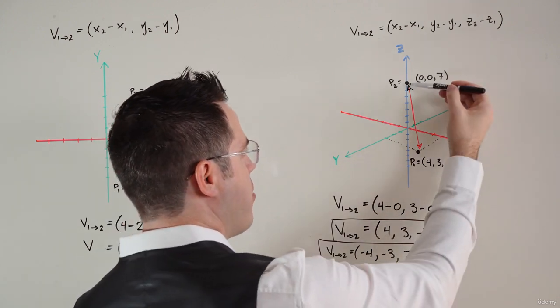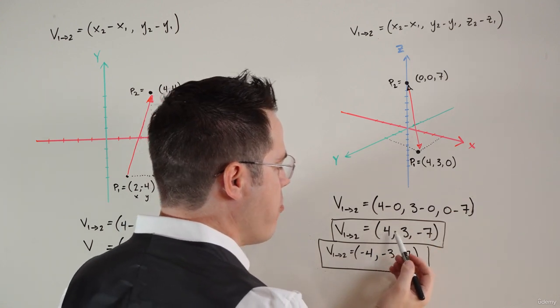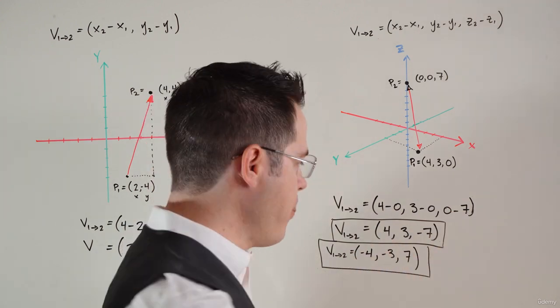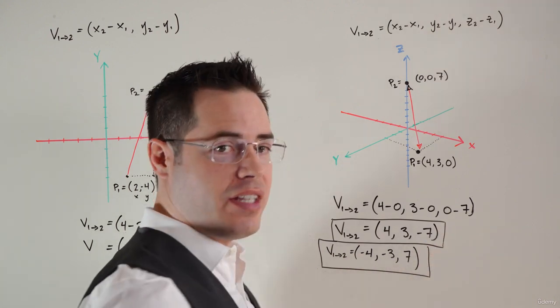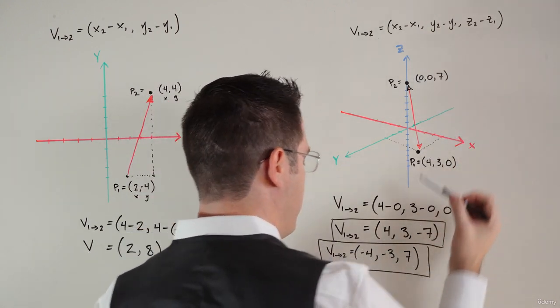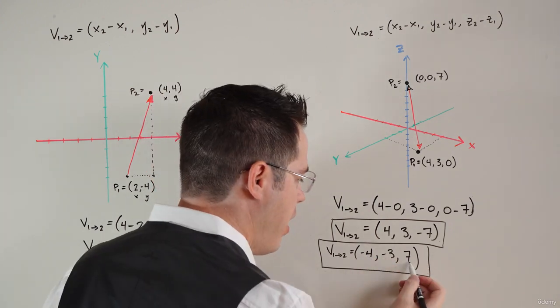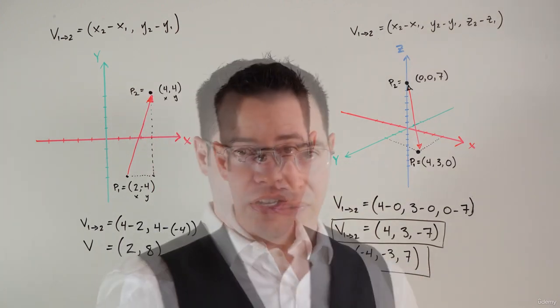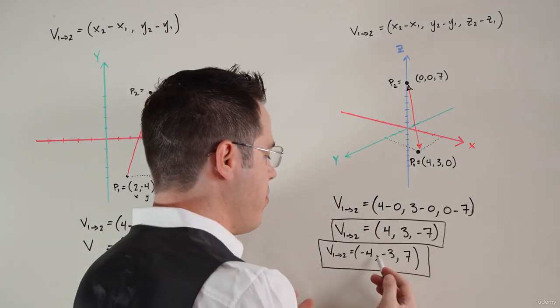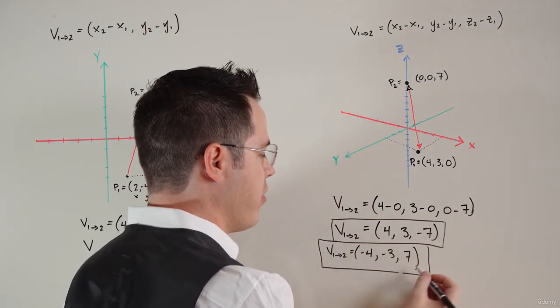The vector from the sniper to the victim has positive 4 and positive 3 for x and y, but negative 7 for the z. And the vector from the victim up to the sniper is negative 4, negative 3 for x and y, but positive 7 for the z. So the numerical values are the same, but the sign is the opposite for each respective component.